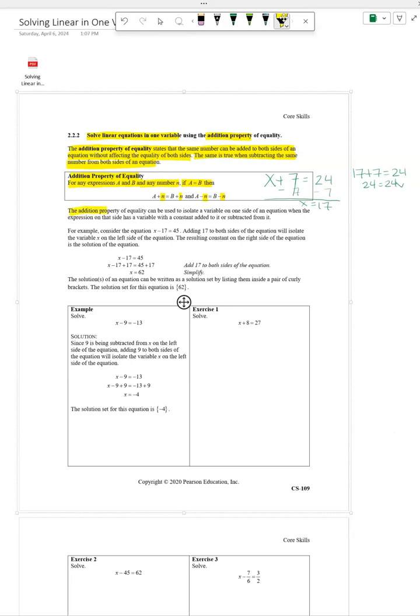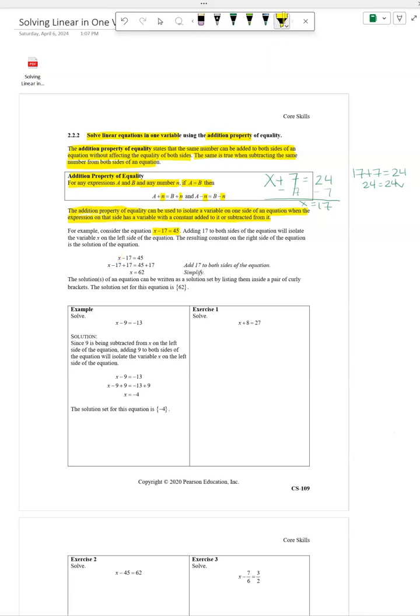The addition property of equality can be used to isolate variables on one side of the equation when the expression on the side has a variable with a constant added or subtracted, like we just did. So here's our example. We have x minus 17 equals 45. We want to see what the value of x is. How would we go about that?